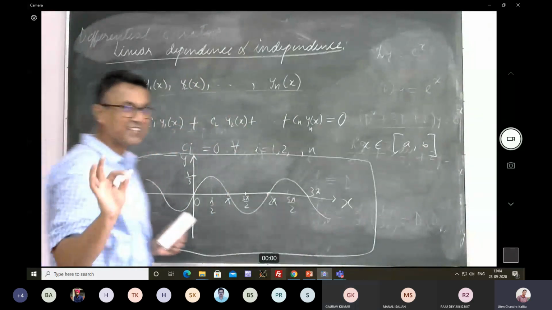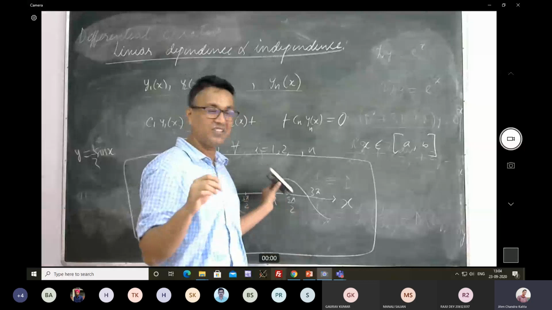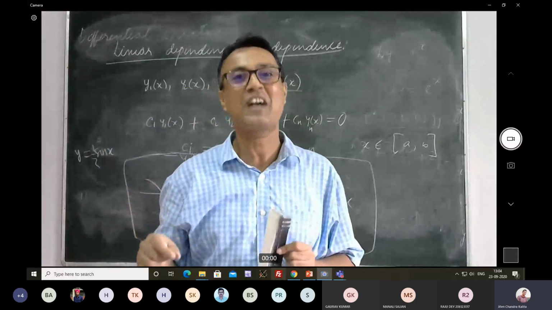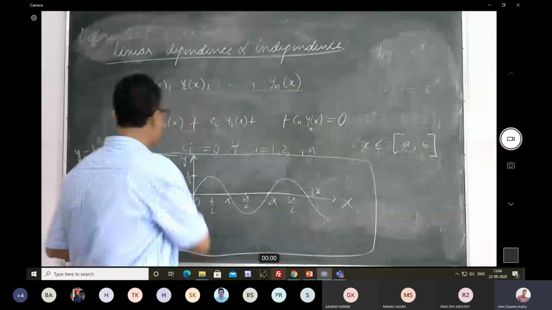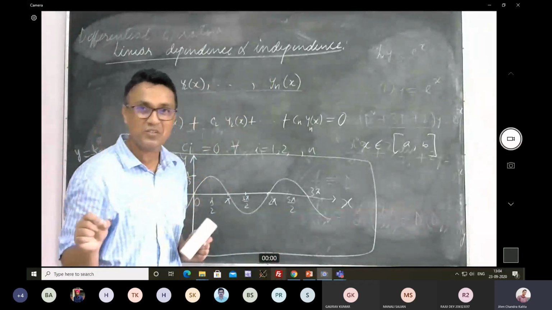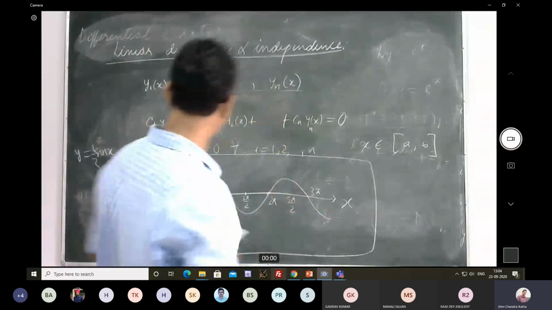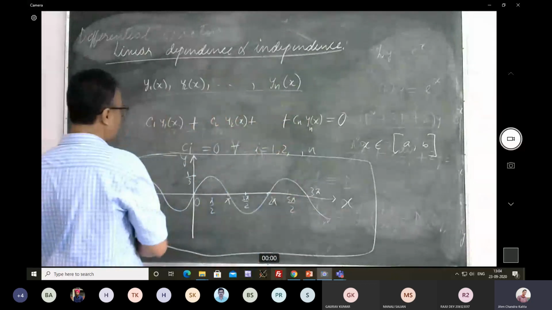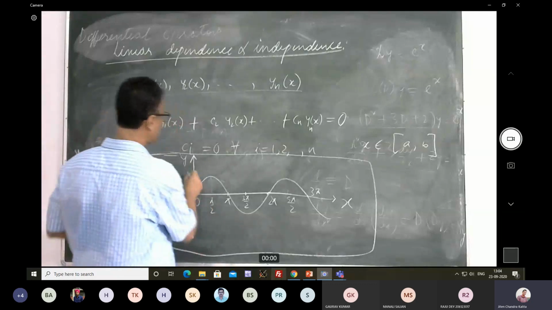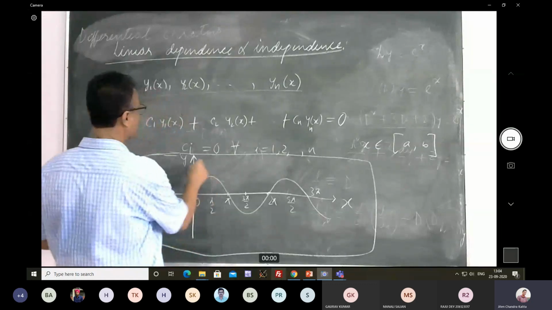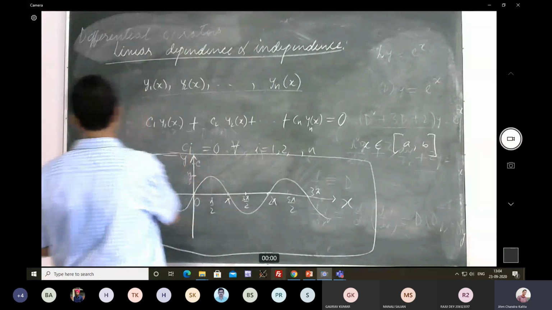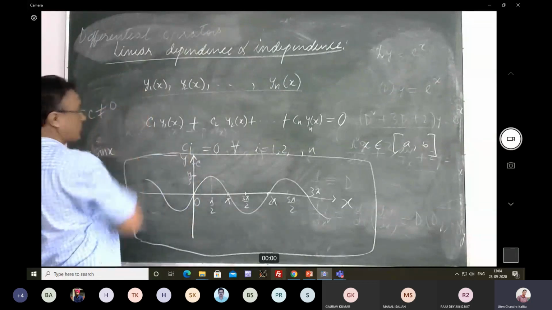I didn't say anything about the amplitude. I intentionally drew it like that, because you should always have the physical understanding. Only when I mark it will I be able to say exactly what the amplitude is. For the sake of simplicity, let me designate this point as 1, and this point as C not equal to 0.